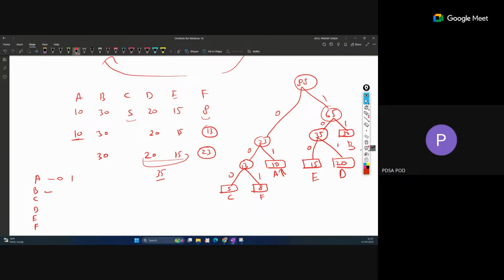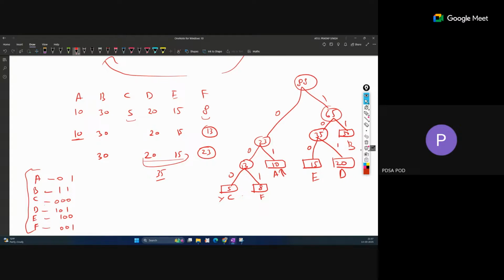For B it is 1 1 1. For C, at this level, it is 0 0 0. For D it is 1 0 1. E is this one, so 1 0 0. F is 0 0 1. This is called the Huffman codes.